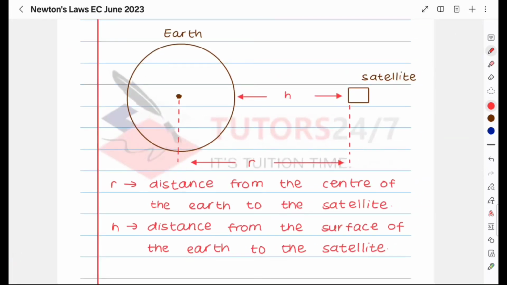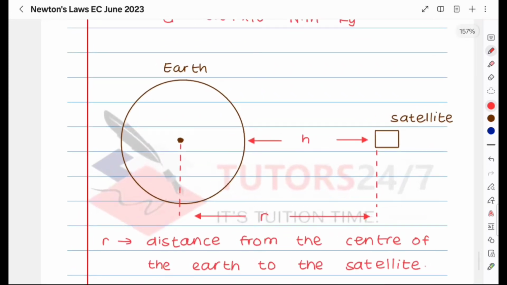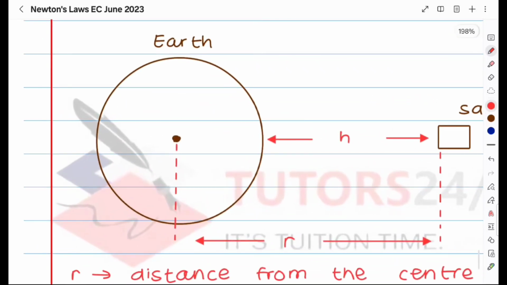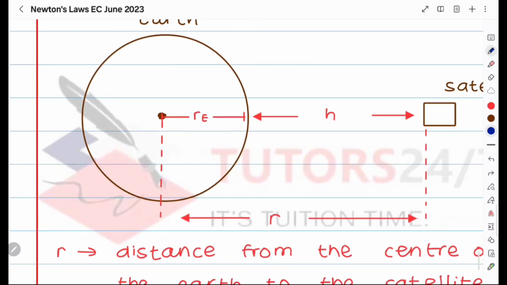So if we are looking for h, we are going to take our value of r and subtract the radius of the Earth. Let us just make one additional note. So please take note that this area here is the radius of the Earth. So if we want to calculate the value of h, we know that r is equal to the sum of the radius of the Earth and h.